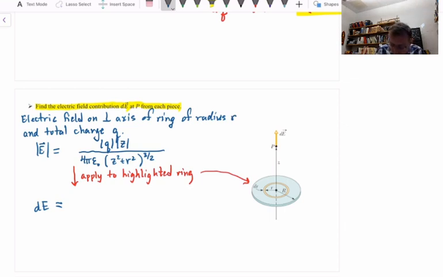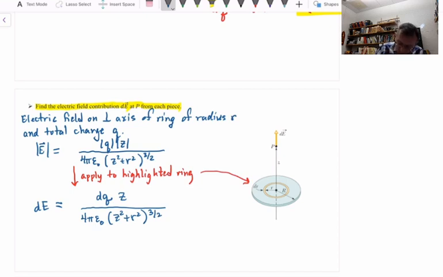And I'm going to change the Q magnitude there to dQ, because that's the charge on the ring, times Z over 4 pi epsilon 0 times Z squared plus R squared, or R squared plus Z squared, to the 3/2. Okay?